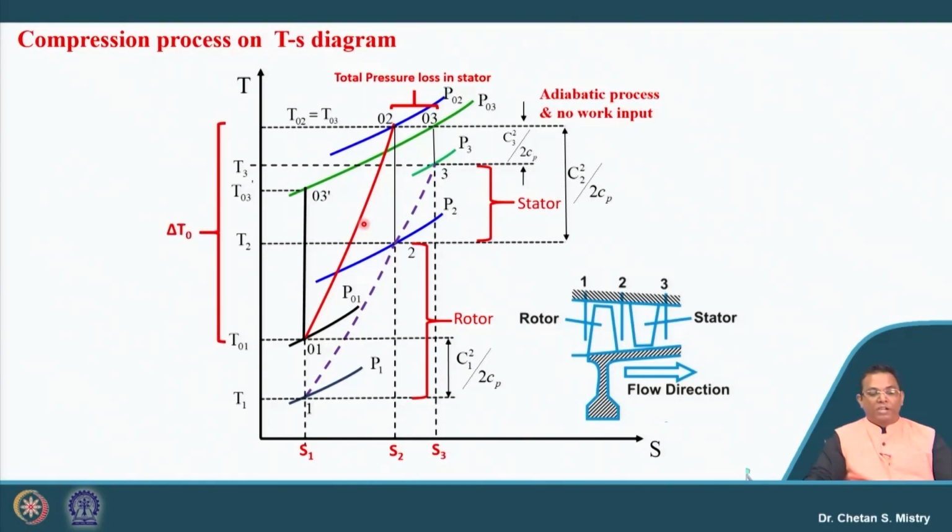So let's look at this part. Here in this case, if I want to calculate the amount of work required by the compressor, it is given in thermodynamic terms as m Cp (T03 minus T01). Since my T03 and T02 are the same, I can write m Cp delta T0.